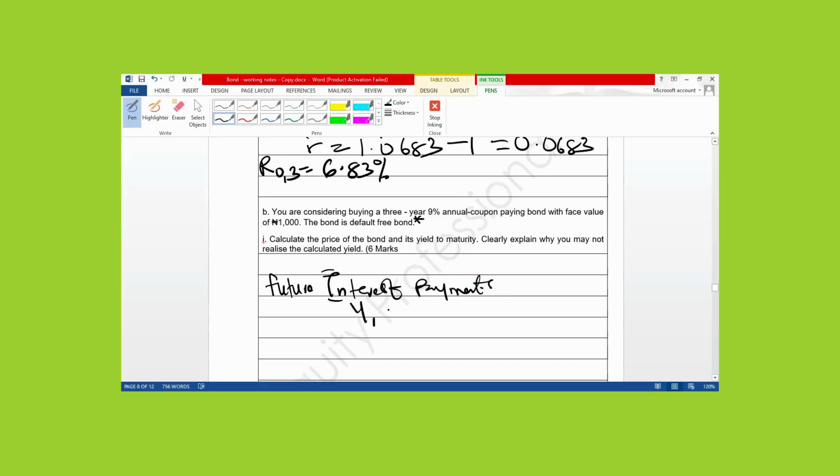Year 1, 9% of face value, 1,000, 90 naira. Year 2, 9% of 1,000, 90 naira. Year 3, 9% of 1,000, 90 naira.